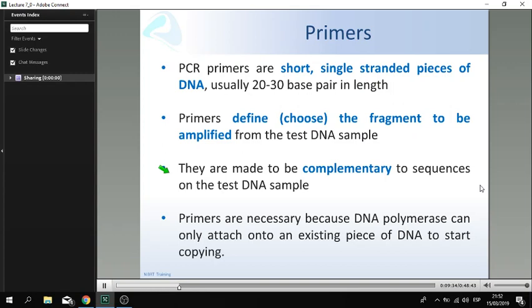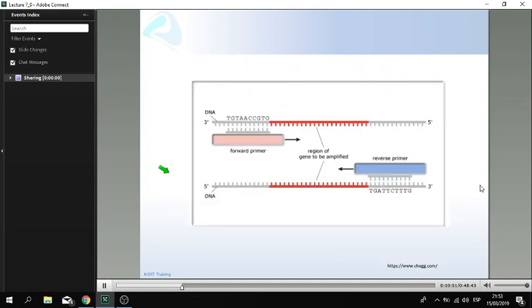So they are going to decide what part of the DNA will be amplified. And of course, it's going to be us who is deciding that and making primers. They're made to be complementary to the sequence on the test DNA sample, and they are necessary because if we don't have them, then our DNA polymerase wouldn't know where to start and how to actually copy the DNA.